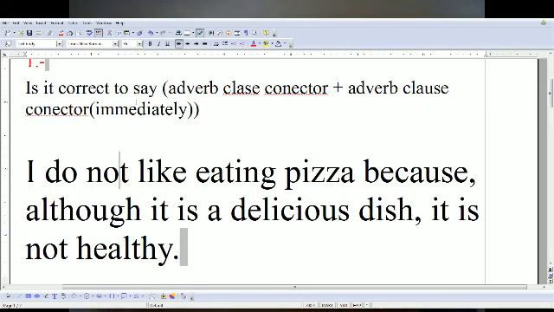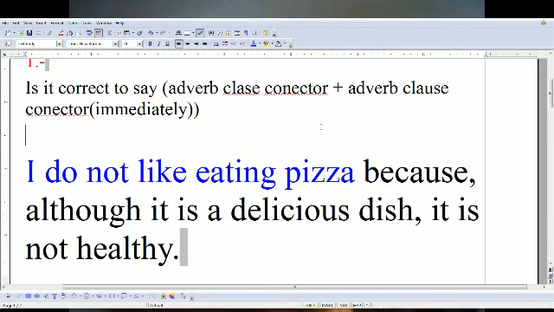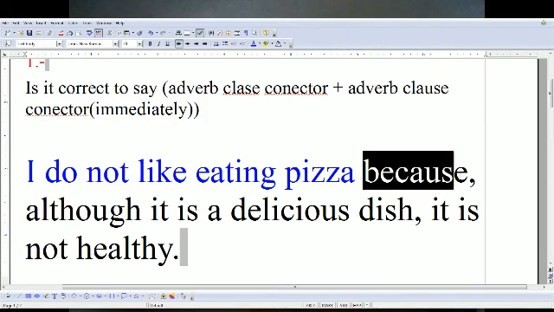So you're saying here, I do not like eating pizza because, although it is a delicious dish, it is not healthy. So the main part of the sentence is this. I'm going to make it blue. I'll tell you why this is correct. And your punctuation is actually good too. So that's the main part of the sentence. Now you have two support points here. The first support point is because. I'm going to make it red.